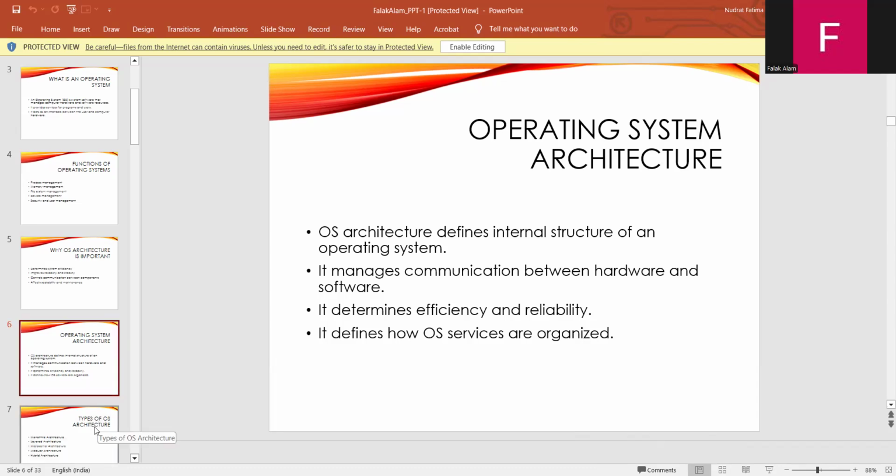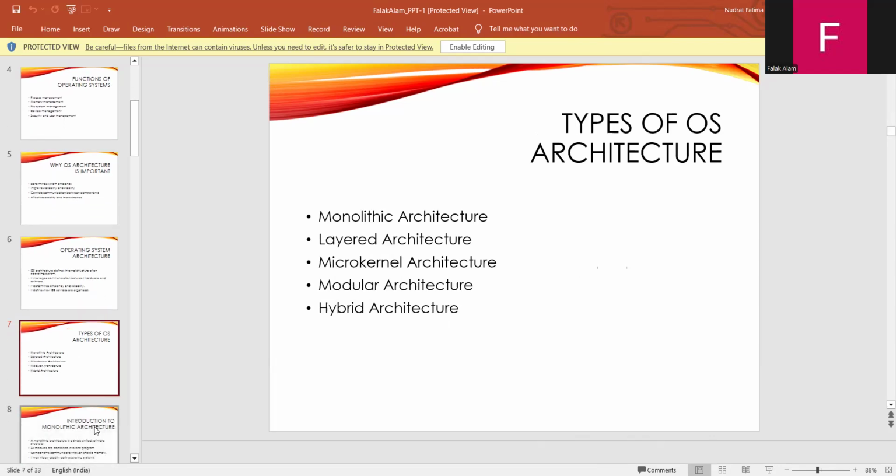Now, moving on to the types of operating system architecture. There are several types of operating system architecture, namely monolithic architecture, layered architecture, microkernel architecture, modular architecture, and hybrid architecture. The first type is monolithic architecture.